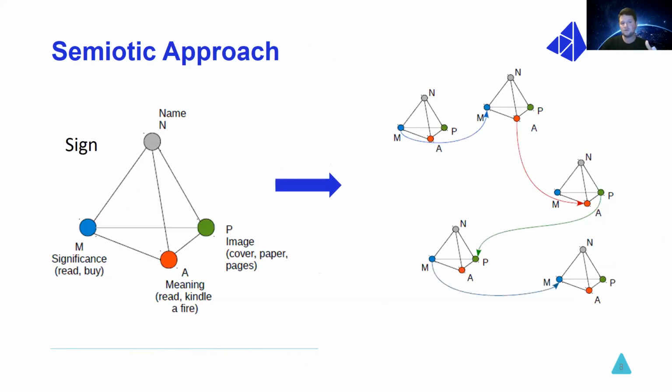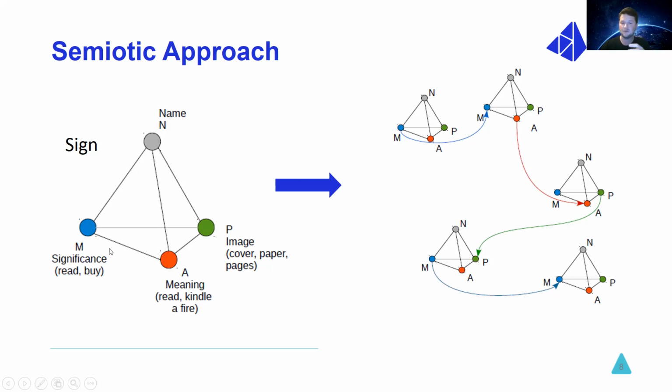The main component of the semiotic approach is a sign. It's a special structure, because, as I said, any piece of information has to have structure. It's composed of this tag called name, which I already mentioned, and three other components: significance, meaning, and image. The idea behind these concepts is as follows.